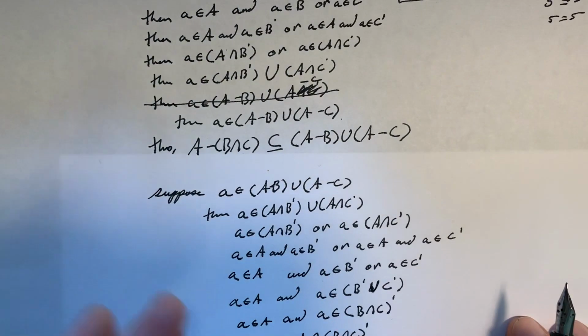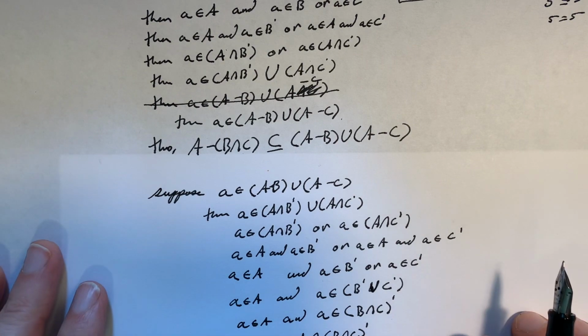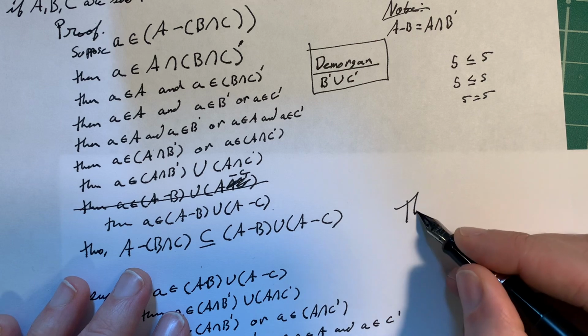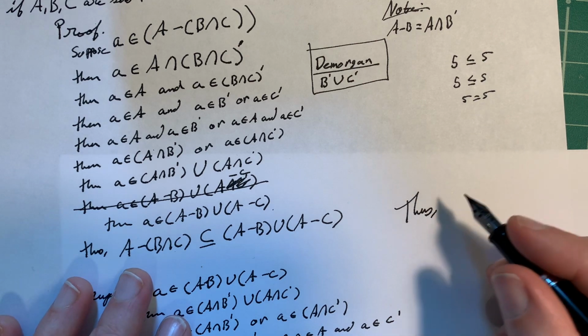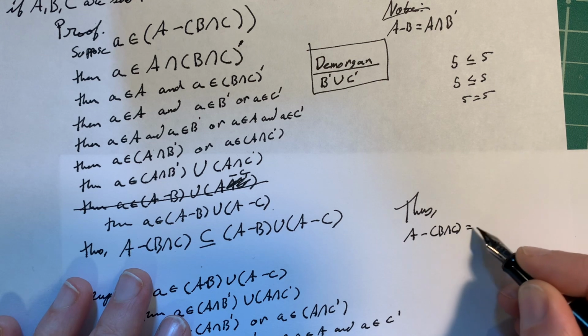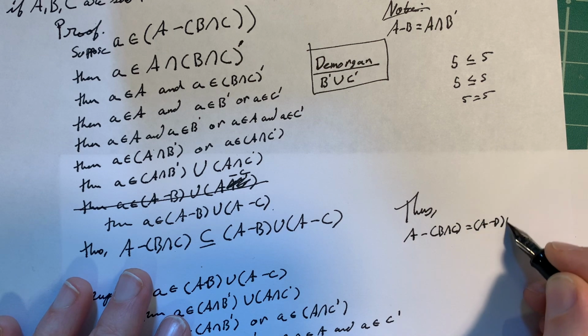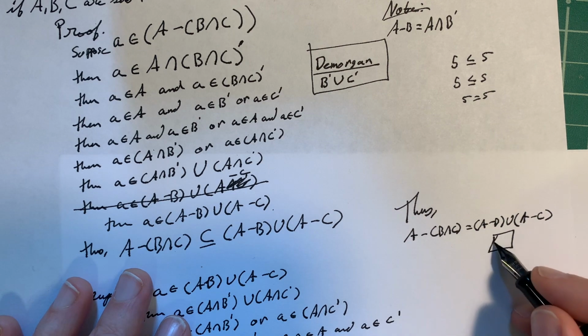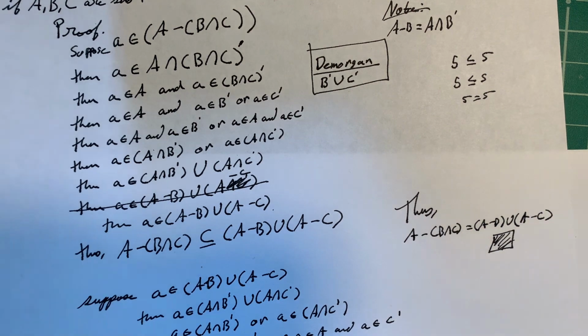So if it's a subset of each other, it must just be the same thing. So I ran out of space, but this is the big thus. A minus B and C equals A minus B or A minus C. All right. I'm going to put a little box for proof, end of proof.